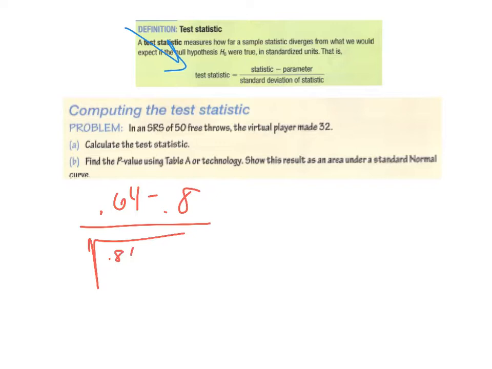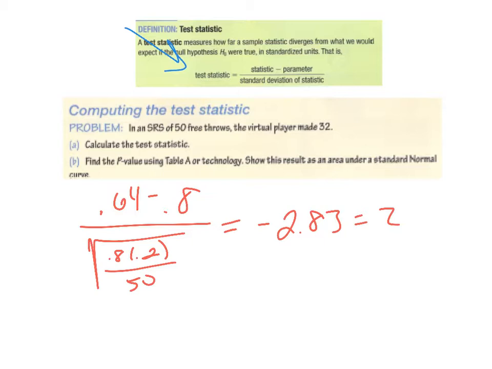Remember, we found the standard deviation based off of the null hypothesis. This gives us a negative 2.83, which is equal to our z.